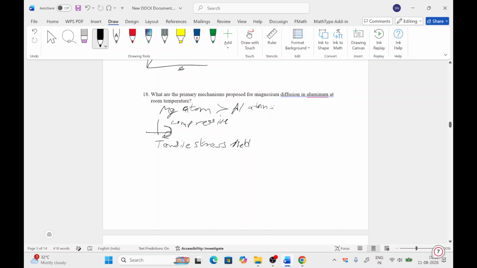So this is lattice diffusion. It means there are atoms arranged above and below the plane. Because of the lattice diffusion, the magnesium atom moves in the tensile stress field.